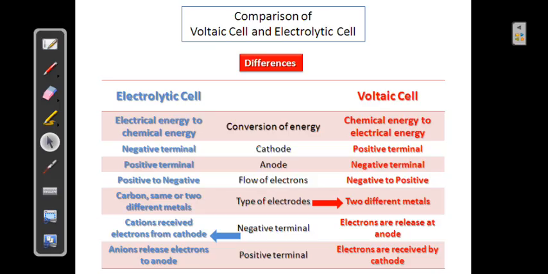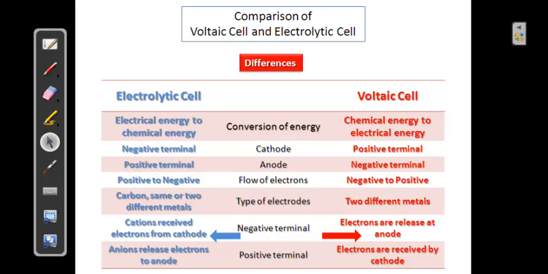You remember? The cathode having negative charge will receive the cations, which are positively charged ions, right? And at the positive terminal, electrons are released at the anode.